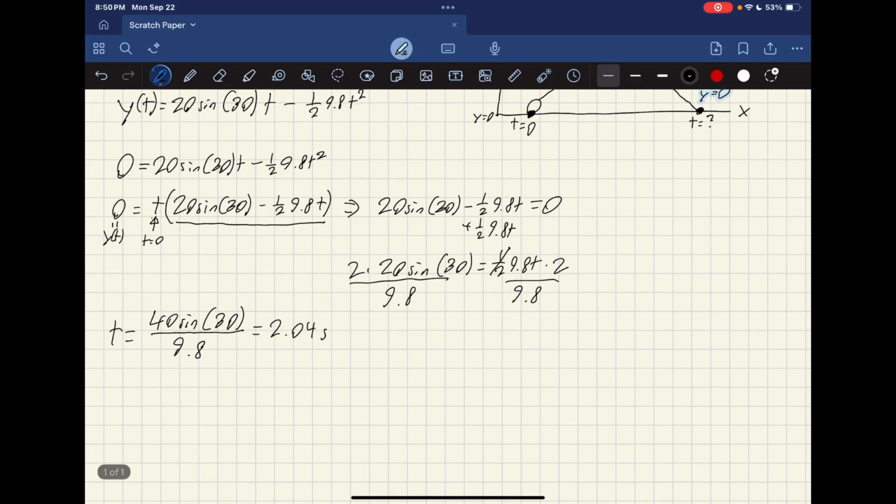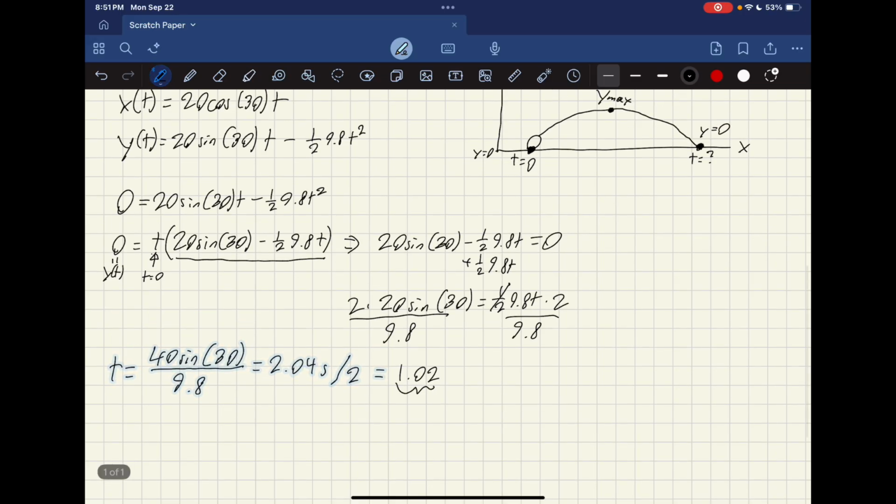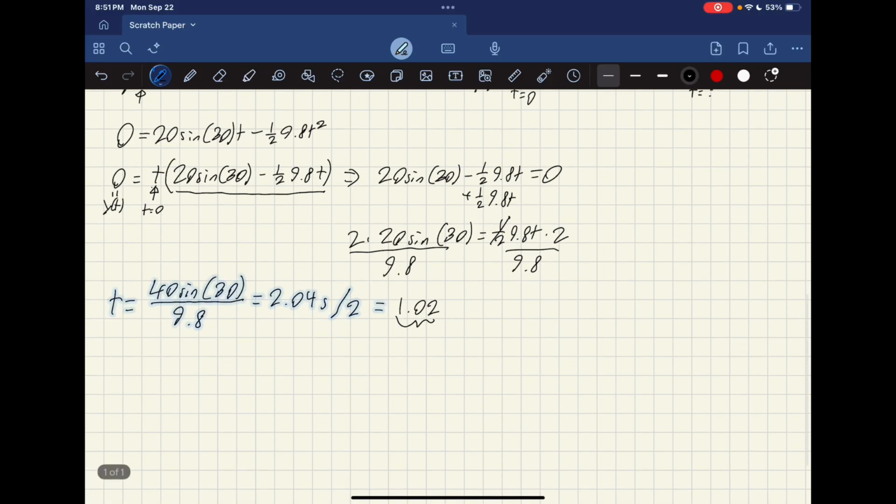So if we take this time 2.04 and we divide it by 2, we'll get the time at which the ball is at the maximum height in the arc. Now 2.04 divided by 2 is 1.02. And so we can use this time and plug it into our y of t to find the maximum height.